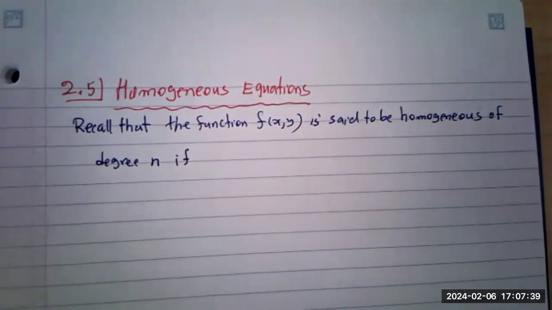The condition is: if you replace x and y by t times x and t times y, where t is a number.